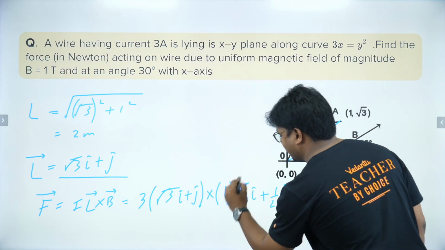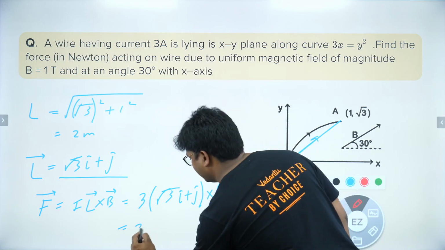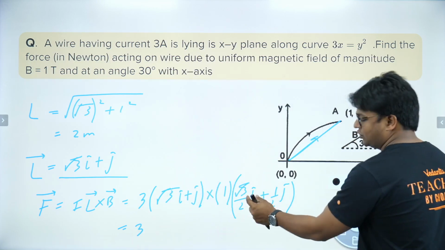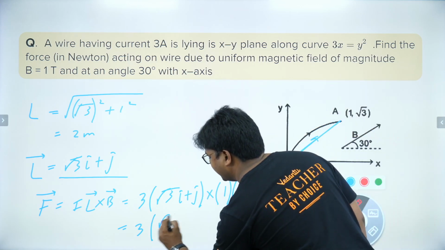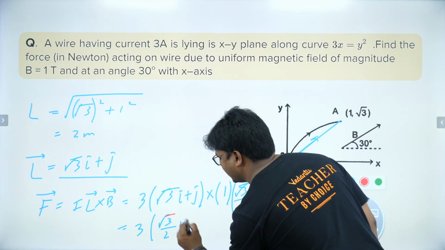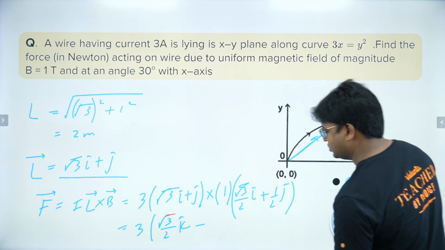When I take the cross product, 3 remains as it is. Root 3 i into i is 0. Root 3 i into j will become root 3 by 2 into k, and then j cross i is minus k.